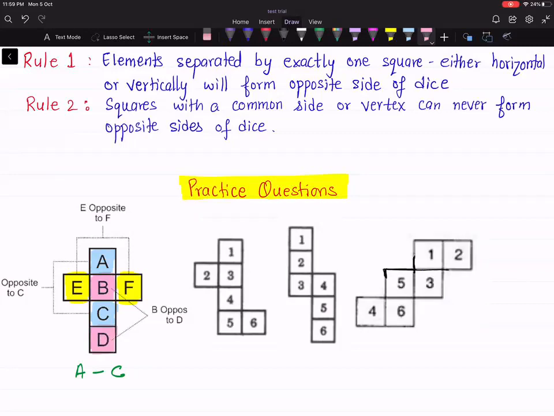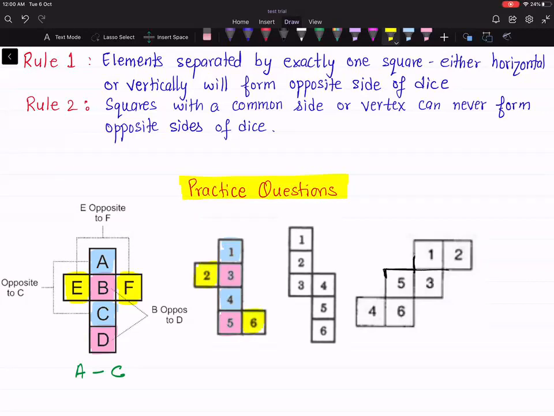Let's see in the next picture. So this is 3. Now this 3 is separated by one square box from 5. So 3 and 5 are opposite face. 1 and 4 will form opposite pairs, and 2 and 6, they will form opposite pairs, right?